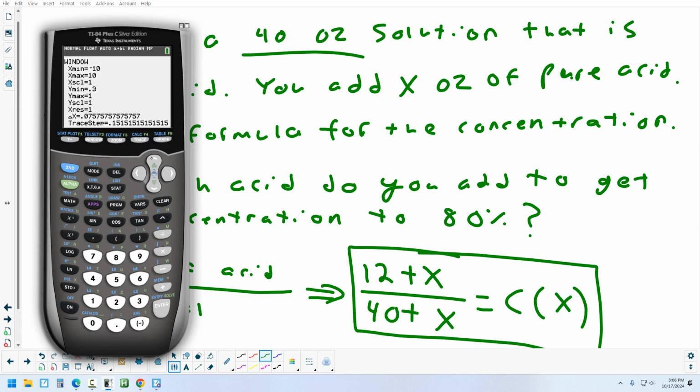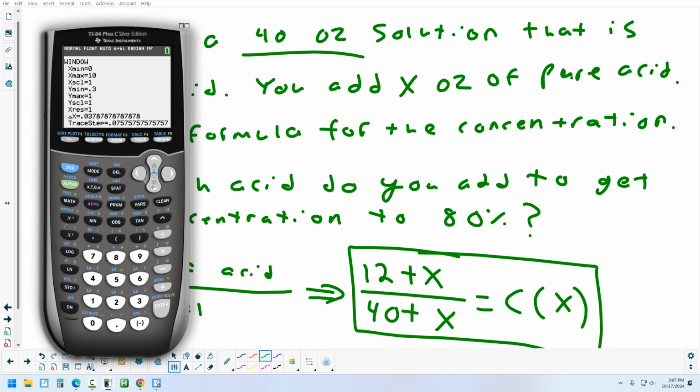We could go less than that. What's the smallest amount we could pour in? It says you're going to add X ounces of pure acid. Well, I could decide to add how many ounces? 0. Yeah, I could add 0. There's nothing wrong with just leaving it the same and adding nothing to it.